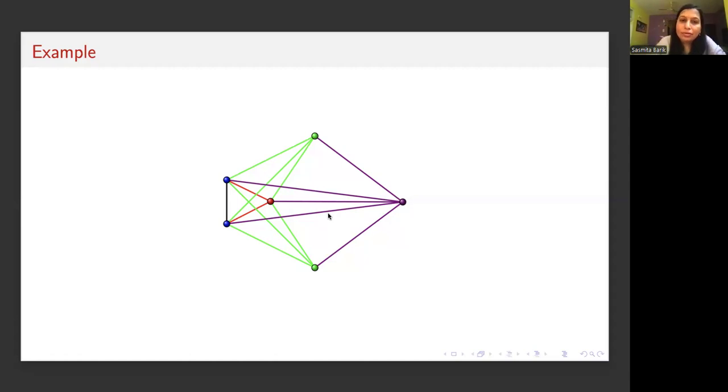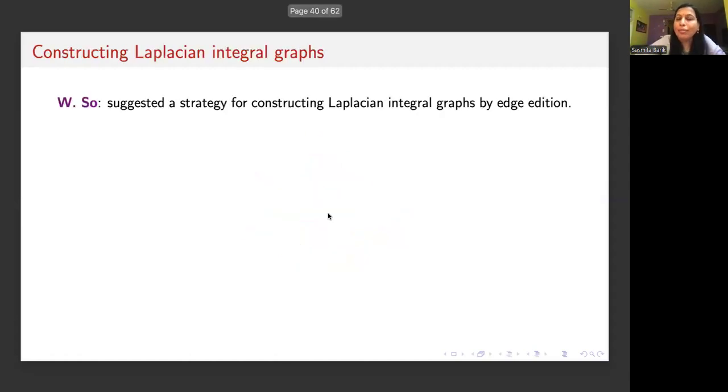But one good strategy that was given by Wasim So is constructing Laplacian integral graphs by adding edges. Two fundamental operations you can do with a graph: you add a new vertex with one edge, and another is, if some edge is missing, I can put one edge, so I can get another graph.